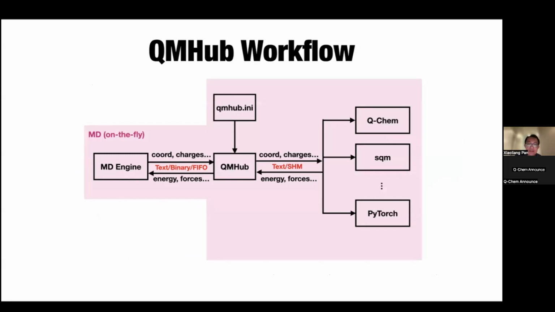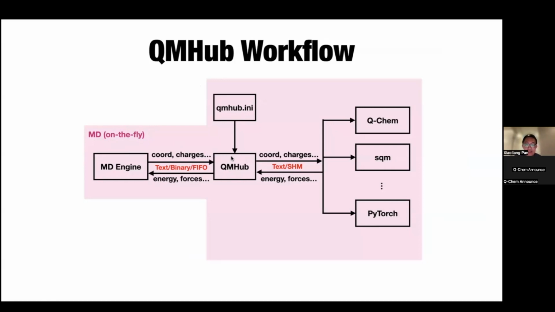The others are just usually how to parse different input and output from different packages. So here is one type of calculation we do, the workflow. This is how we run MD simulations, or this is like the on-the-fly calculation usage of the QMHub.